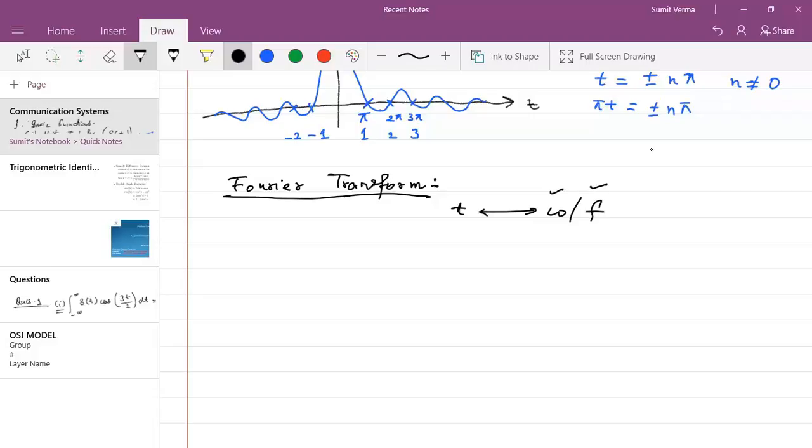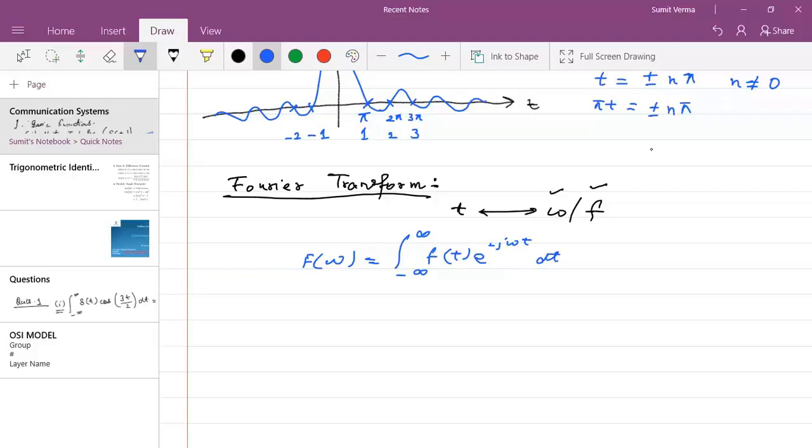is the same. So what is the formula for Fourier transform? If you have a signal f(t), then to define the Fourier transform of it, F(omega), that becomes the integral from minus infinity to infinity of your signal f(t) into e to the power minus j omega t dt.